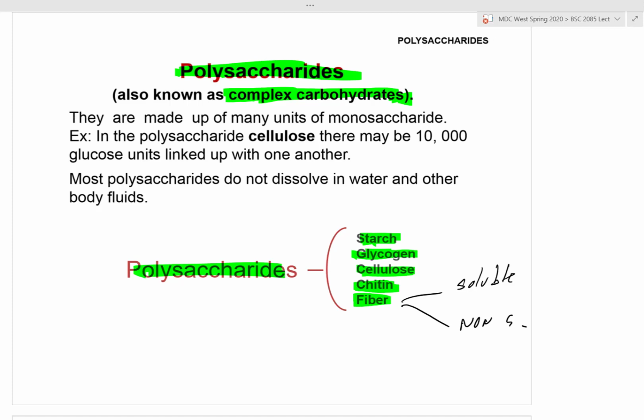Which is the one you want? Solubles, right? So they can get into your body, absorb, and now you get more fat. No, you want the non-soluble ones. The non-soluble ones are the best ones. I mean, both of them are good, but the non-soluble ones are the best ones, and all they do is create bulk in your fecal matter. In other words, it's going to allow you to move the waste products that you have eaten. So increase the lifespan of your GI tract.